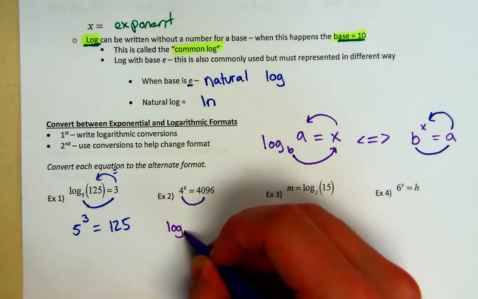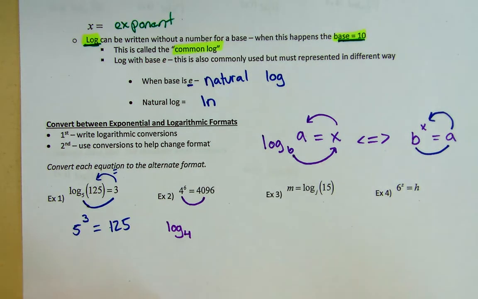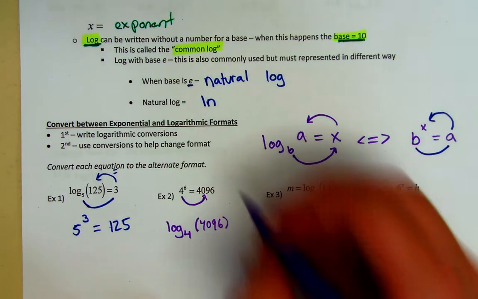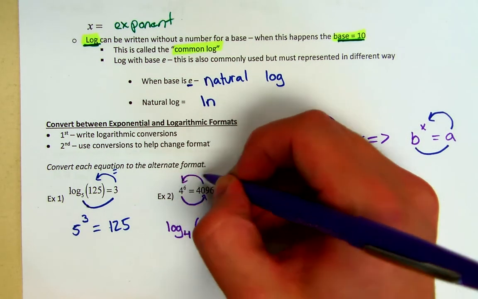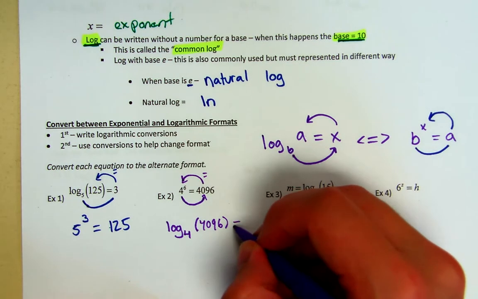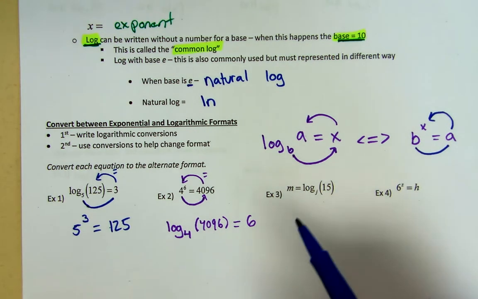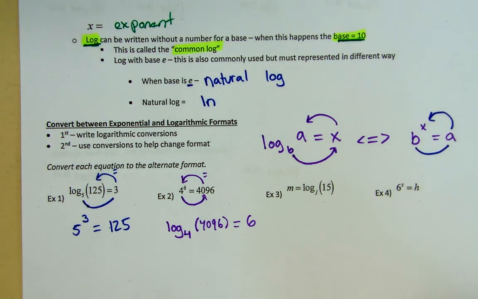So we have a log base 4 of 4096 is equal to 6. So again, at this point in the video, if you think you got it from changing around, try these two, pause, and then go ahead and try them, and then check them.